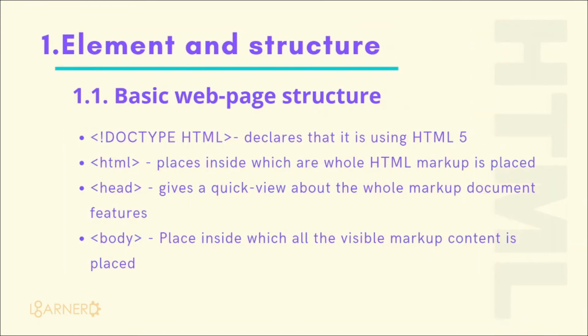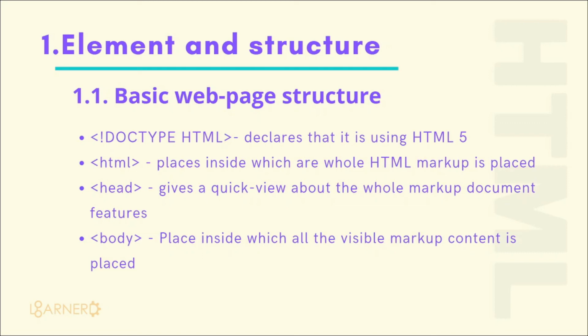As you can see, the doctype html is the declaration of the HTML. It defines that we will be using HTML5 markup. There are different versions of HTML also: HTML4, XHTML, and the latest one, which we will be using, is HTML5.